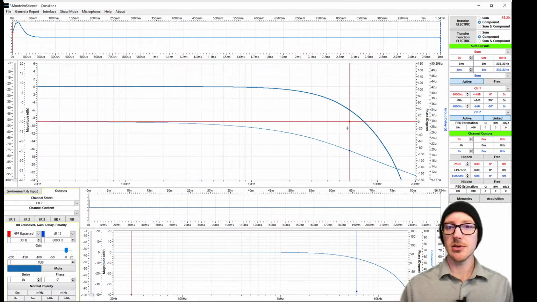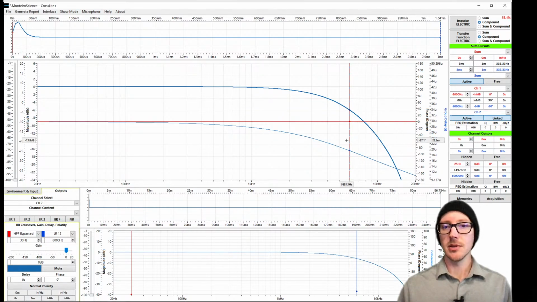Now let's look at magnitude and phase again together. So here's magnitude in blue, and here's phase in blue, but the magnitude one is a little bit bolder. That's how you can tell. Cutoff frequency is at 6,000 hertz, and my marker, this cursor, is at 6,000 hertz. I can see that at the cutoff frequency, I have minus 6 dB in the magnitude, and minus 90 in the phase.